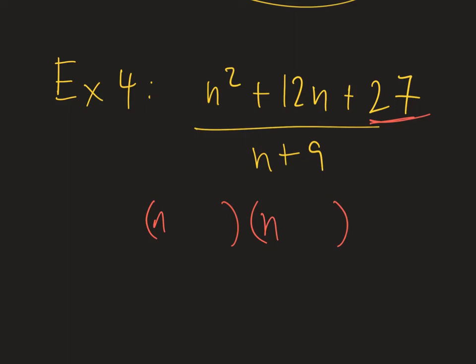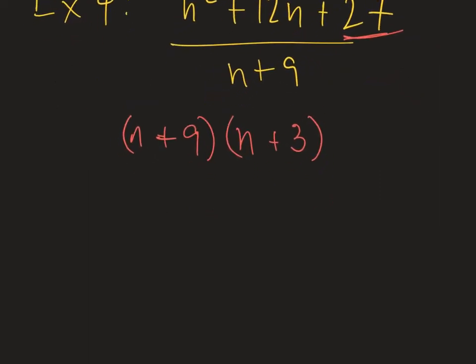Both of them have to be plus because you want to get a positive. The two that come out are 9 and 3. 9 times 3 equals 27.